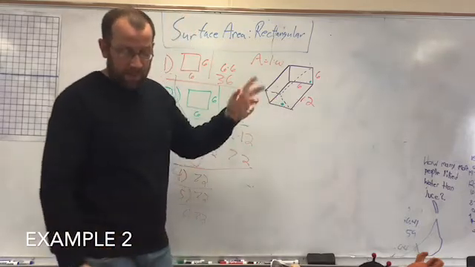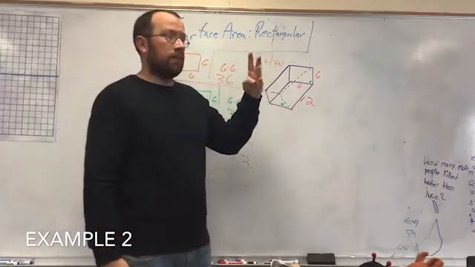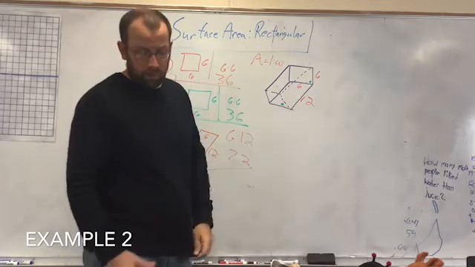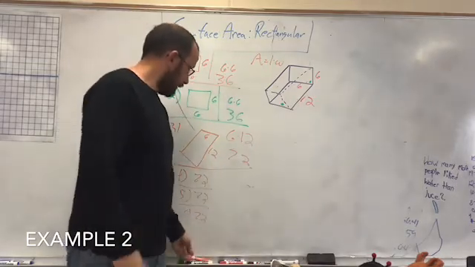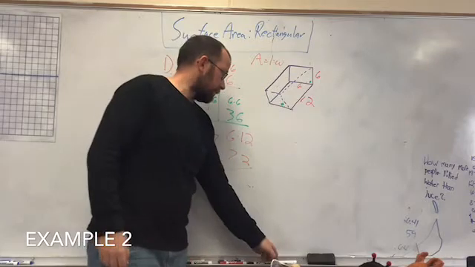With the first one, we had 6 and 3, so we actually had 3 different numbers that we did just twice. All right, then I just add them all together.